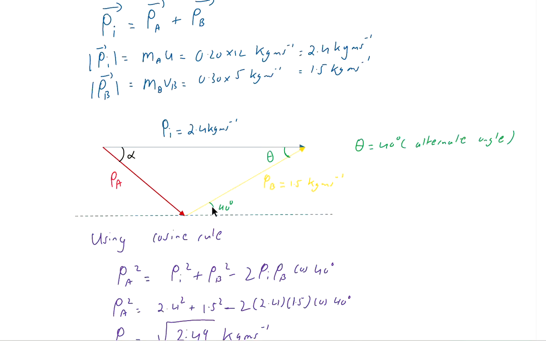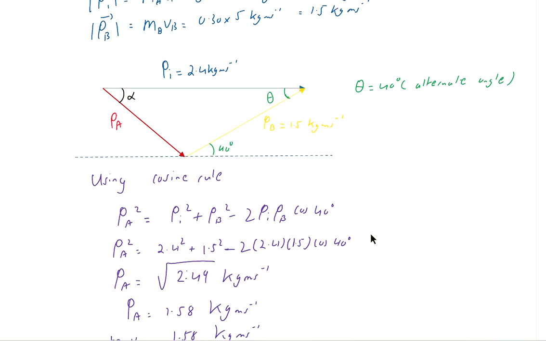So definitely B is going to be at 40 degrees here. Basic mathematics, this forms a Z, alternate angles. Angle theta is 40 degrees, and this is angle alpha. So I have a nice triangle. I know this angle here, 40 degrees, and I know these two sides. So we can use the cosine rule.